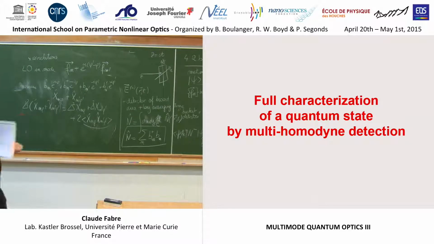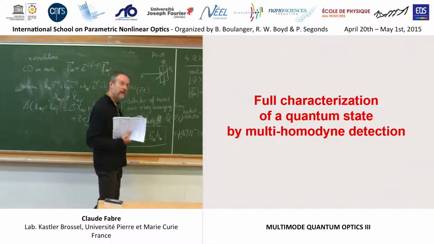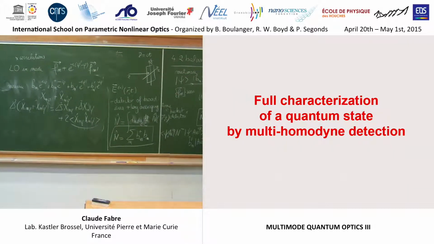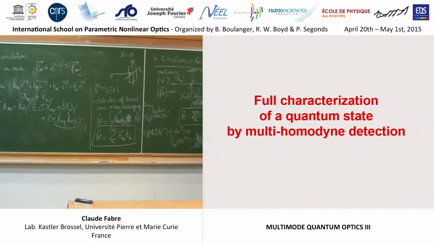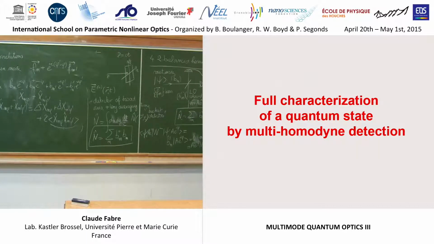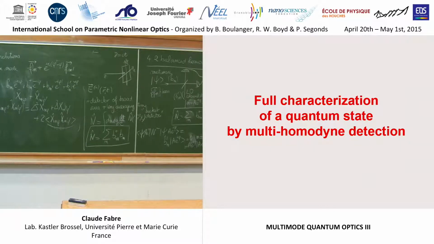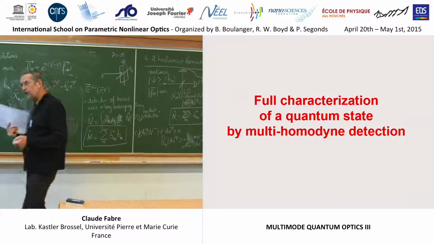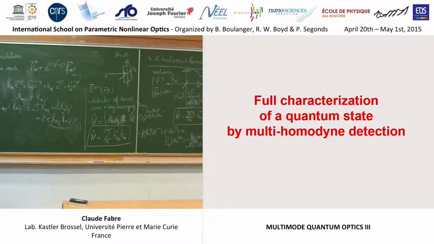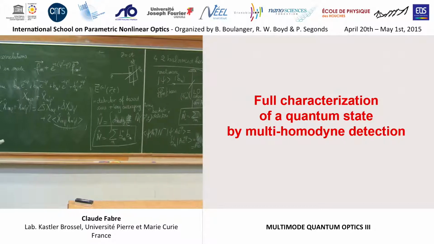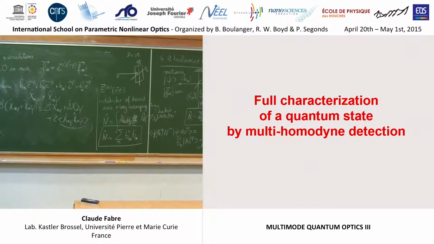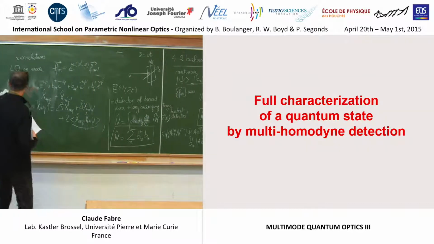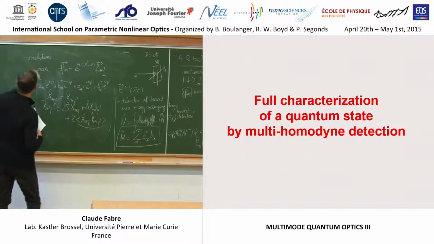So it's even bigger, of course, because you have to make all the couples of phi and phi prime with a large enough number of each. So it's a lot of work. But it's possible. So by this way, one is able to know everything about a multimode quantum state. But it's very long. So there is a technique which is much faster.